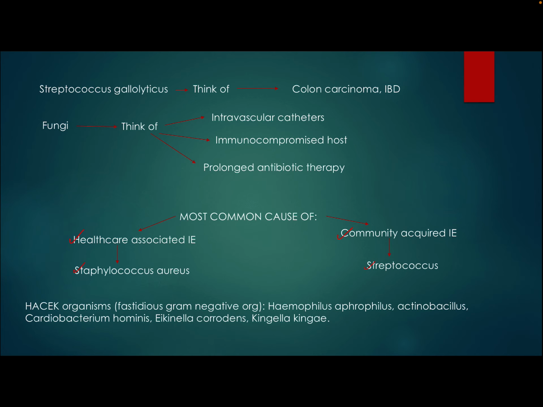Also, you do have a group of organisms, the HACEK organisms. These are fastidious gram-negative organisms like Haemophilus aphrophilus, Actinobacillus, Cardiobacterium hominis, Eikenella corrodens, and Kingella kingae. So these are rare causes of infective endocarditis.